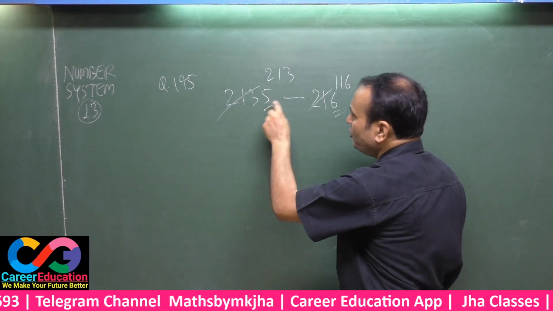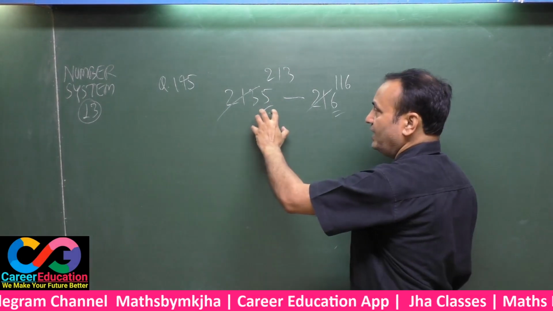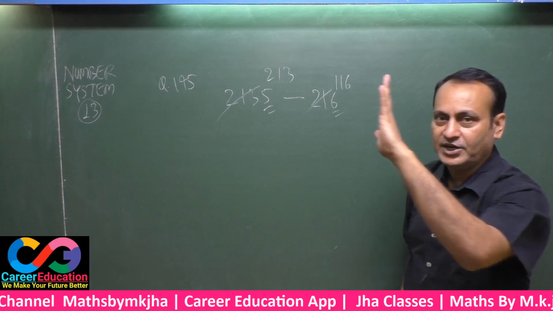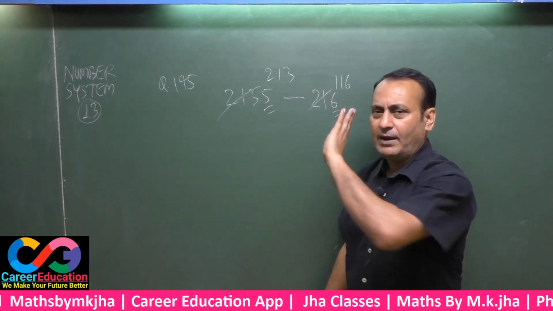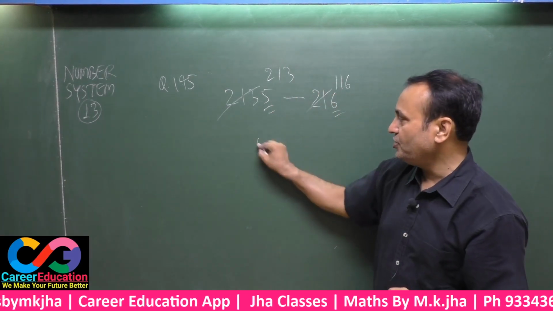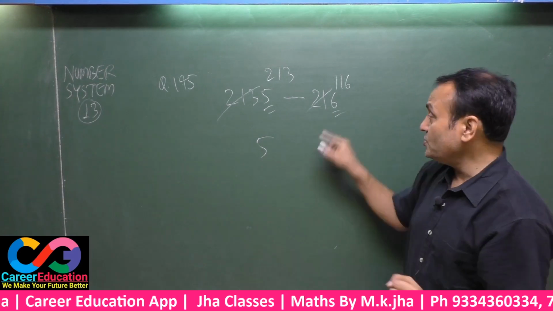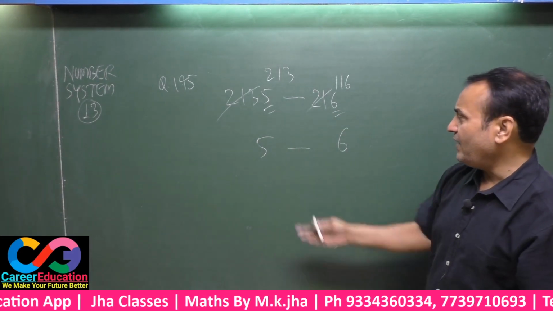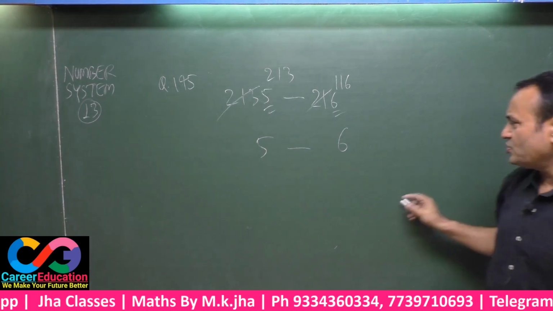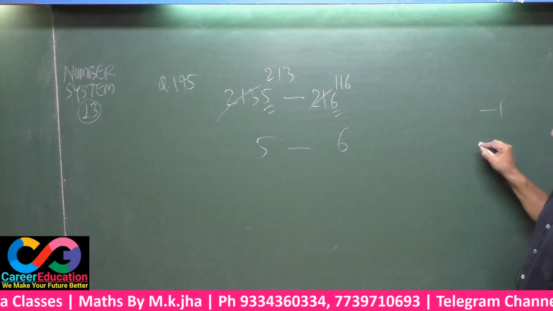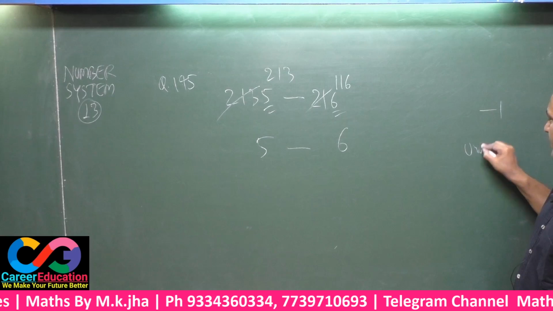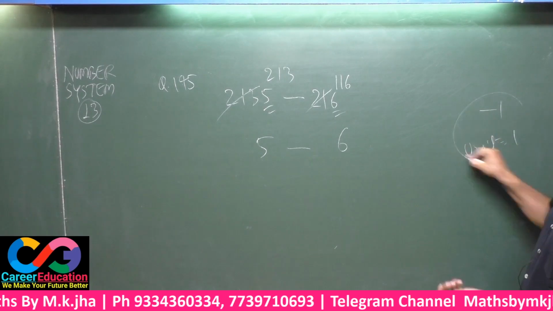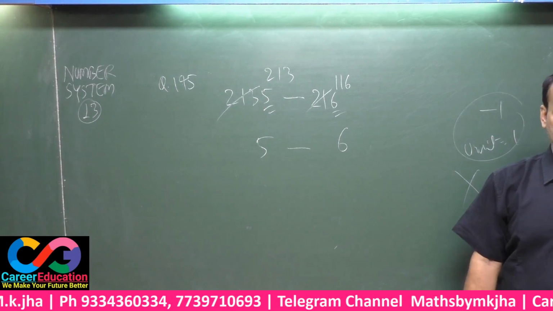Since the unit of this base is 5, whatever may be the power 213, the unit is 5. Since the base is 6, unit is 6. That means here 5 minus 6 is minus 1, and minus 1 is a number, but unit is 1. But this is wrong here.